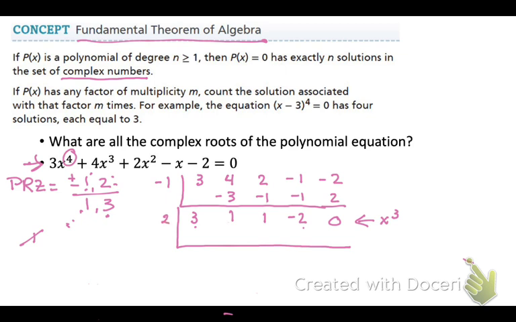So 2. So 3, 6, 7. Can I stop? Yeah, because it's going the wrong direction. Probably negative. Because we have a lot of positives, we probably want to throw in a negative. Will this guessing get easier as you see different examples? Yeah. Okay, so negative, I shouldn't erase that. Would it be a -6?